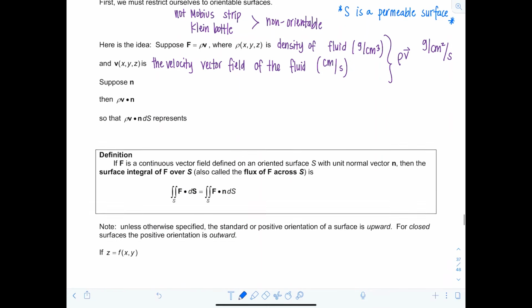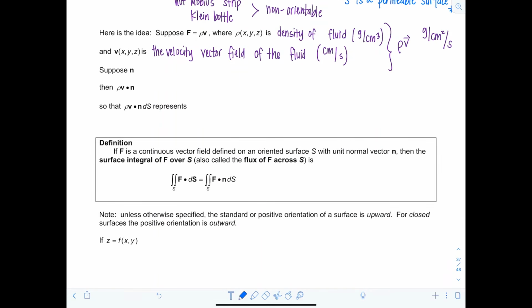Okay, now here's a new vector n. n is a unit normal vector to the surface. And if I consider rho V dotted with n, remember, since n is a unit vector, this is giving me the scalar projection of rho V along n.